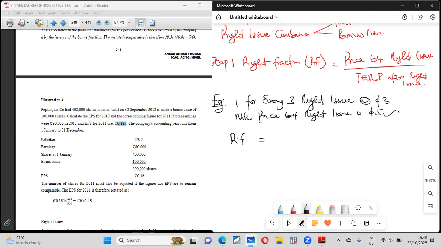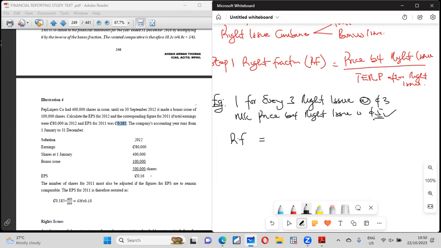I just said that the right issue is the issue to the shareholders at a price below the market value. So you can never pick 5 as your right issue. You can't.